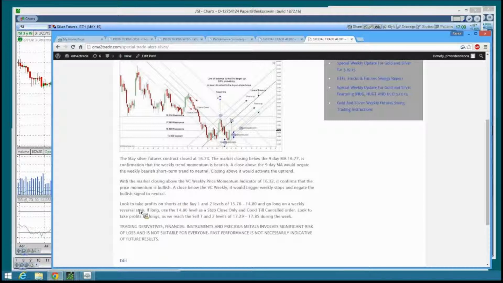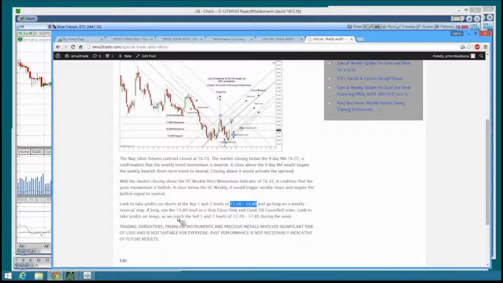With a potential move down into the buy one and buy two levels on the weekly basis, which is 1576 to 1480, it's recommending for you to take profits if you're short at those levels and go long on a weekly reversal stop.